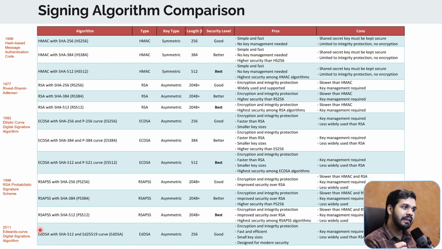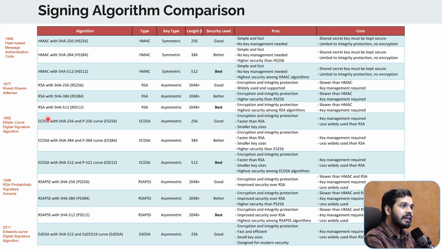The problem with EdDSA is that, since it is a recently created algorithm compared to the other ones, maybe not all systems will support it, because legacy systems won't. So if they do support it, and you want the most secure option, go with EdDSA. If EdDSA is not an option, go with ECDSA.